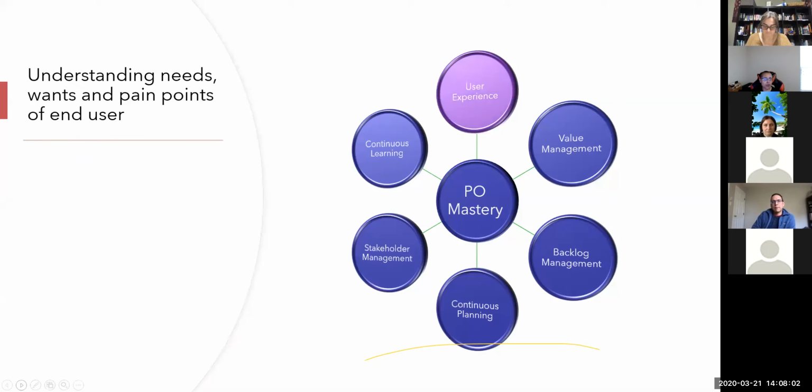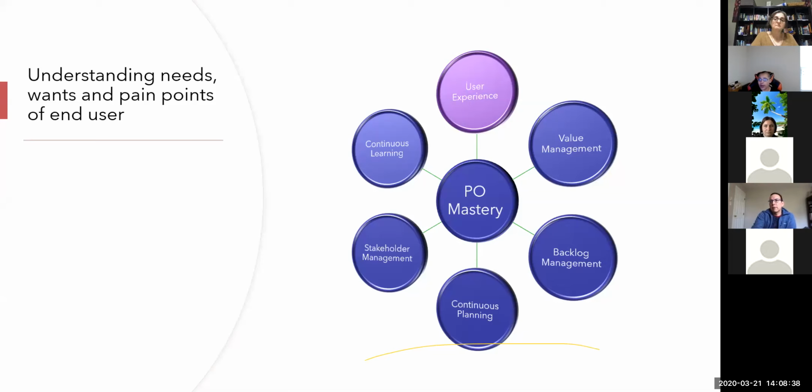So, user experience. This is knowing how to acquire information from users, what it means to understand user experience, what usability is, what interaction design is. Usually you have a team of user experience people. You don't necessarily need to be an expert, but understanding the elements and the essence of it, understanding how you need to delight your customers, and what the different needs are between end users versus buyers.